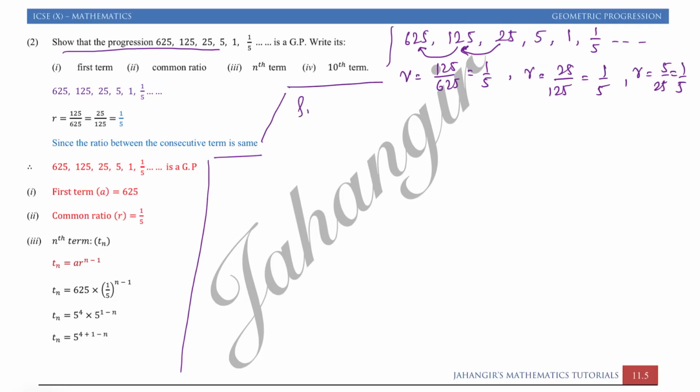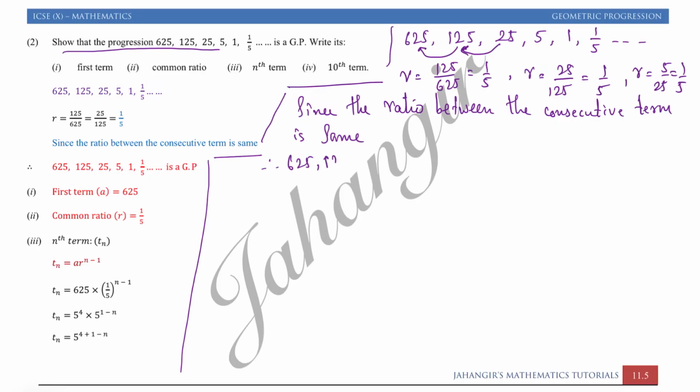So since the ratio between the consecutive terms is the same, therefore we can say 625, 125, 25, 5, 1, 1 by 5 dot dot dot is a GP.